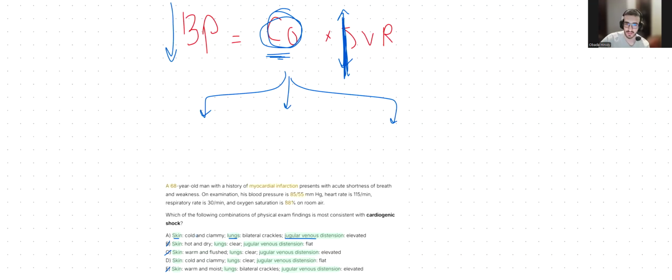Let's move on to the lungs. What's going to happen in the lungs? Is it going to be on auscultation? What do we hear? Will we hear bilateral crackles, or is it going to be clear, like normal? Well, what is going to be happening in the lungs in cardiogenic shock, especially in the terminal stages, let's say?